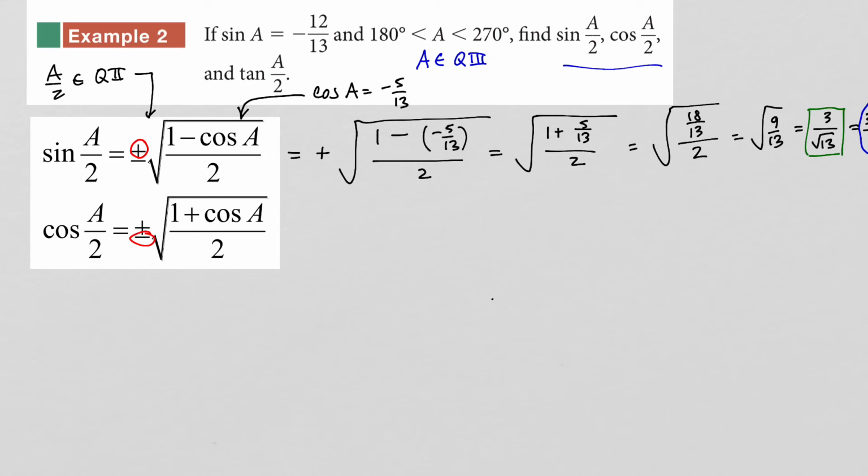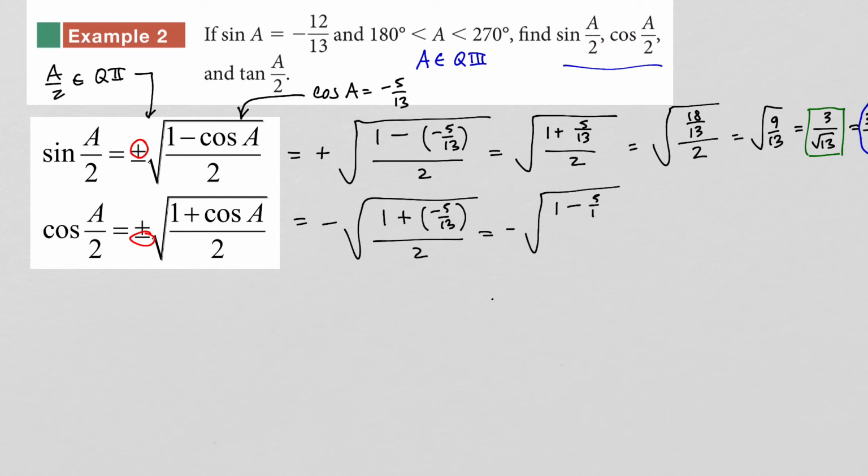Okay, let's go ahead and calculate the cosine of A over 2 now. And so for the cosine of A over 2, we are picking the negative sign, again, because in the second quadrant, cosine is negative. So we have negative square root of 1 plus the cosine of A. Again, cosine of A is negative 5/13, then divided by 2. And so this is negative square root of 1 minus 5/13 over 2.